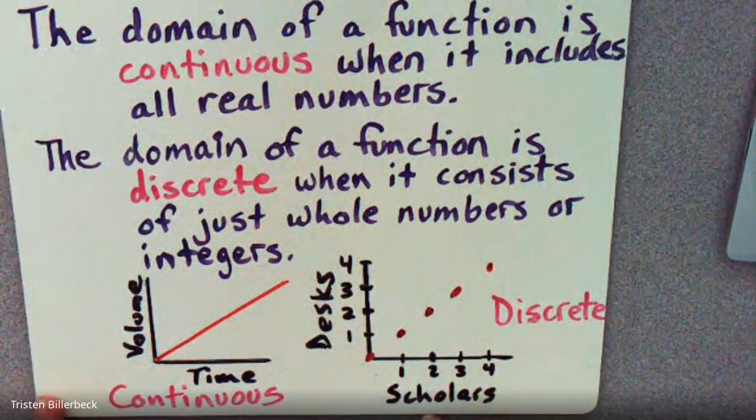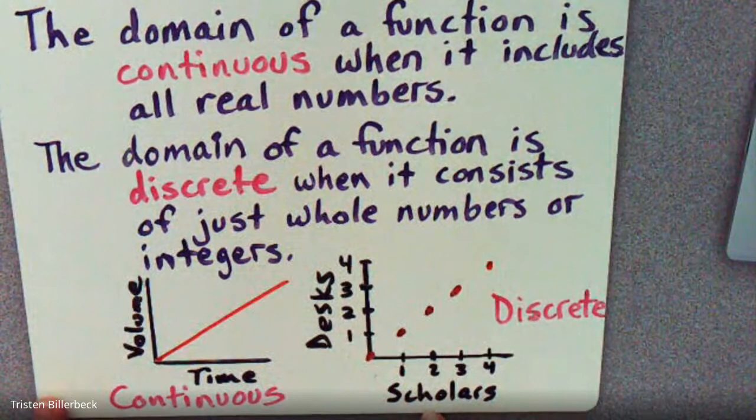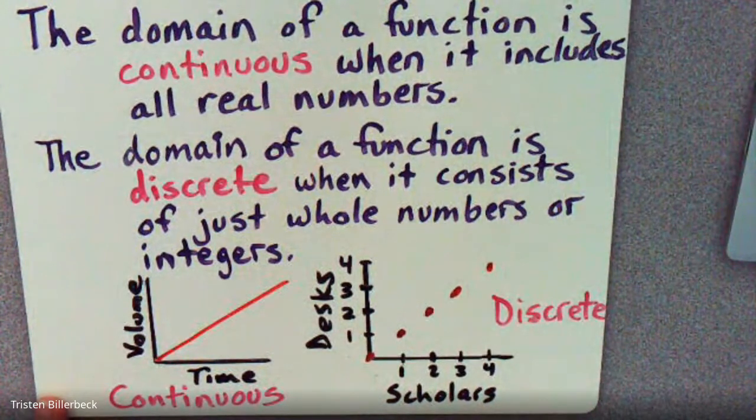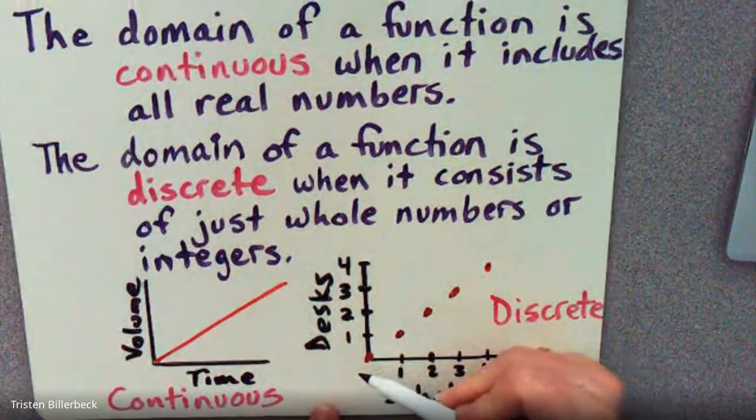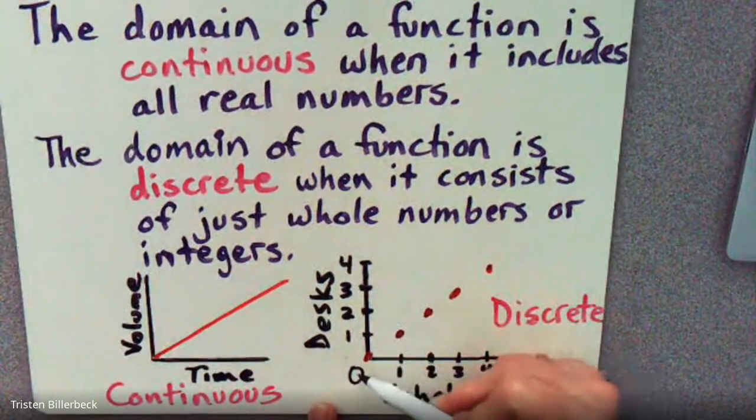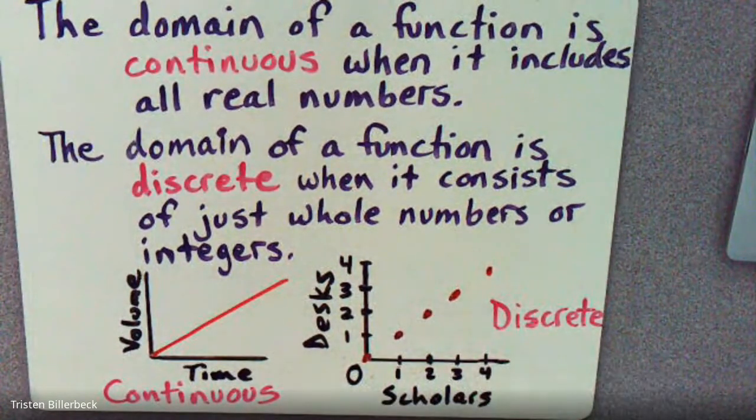Discrete would be something like the number of scholars. We can't have a part of a scholar or a half a scholar, or a third of a scholar. We have to have one scholar or two scholars or three scholars or four scholars or even 0 scholars. So if we had 0 scholars, we wouldn't need any desks.